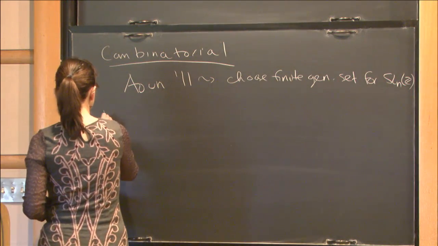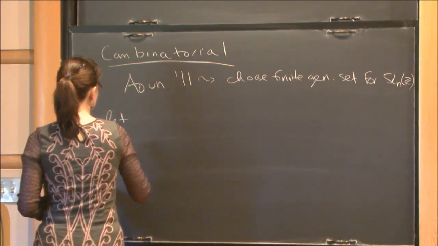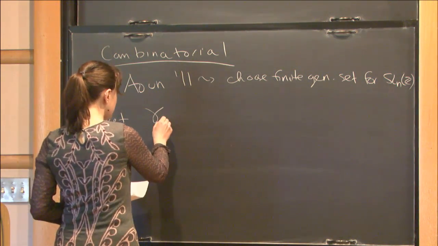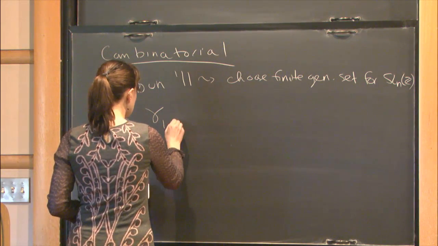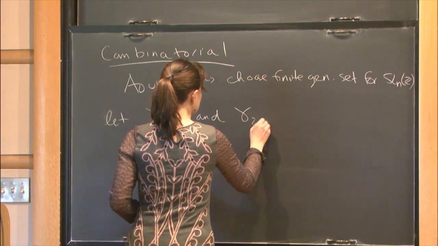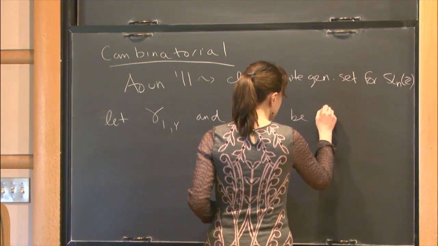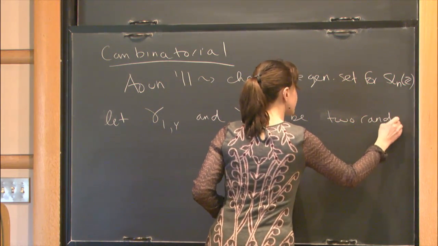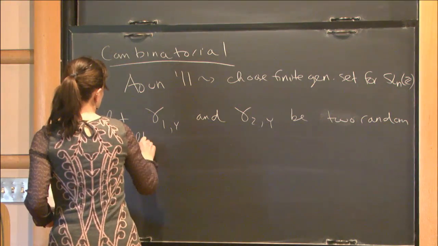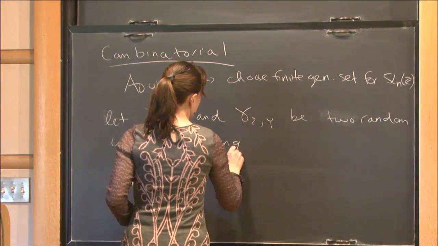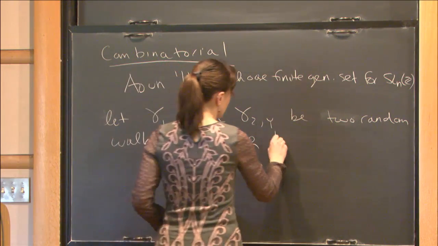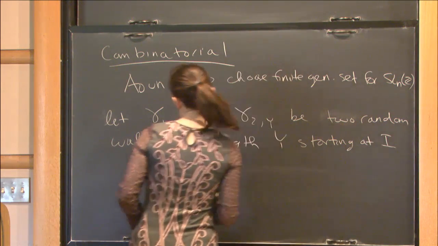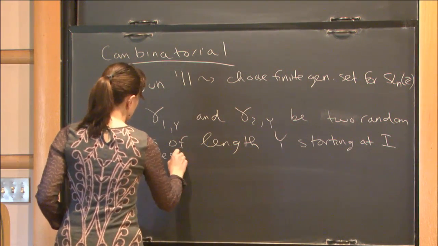You take two random walks starting from the identity along these generators and see where you get. I'm going to call these gamma_1y and gamma_2y, the two random walks of length y, meaning the elements I get.